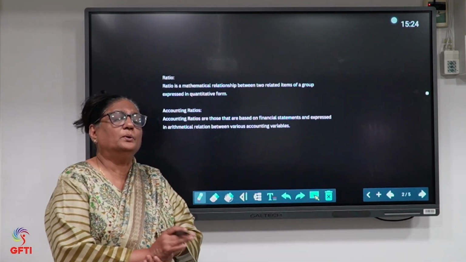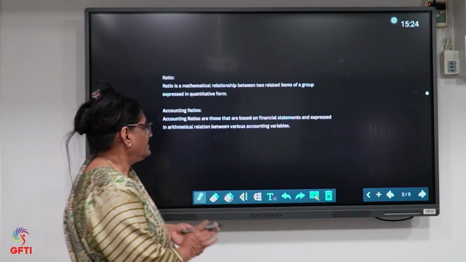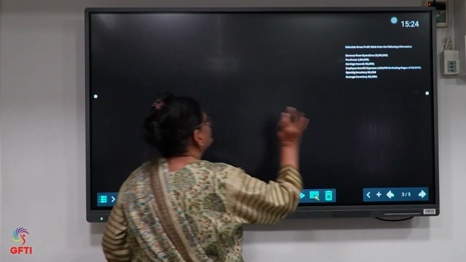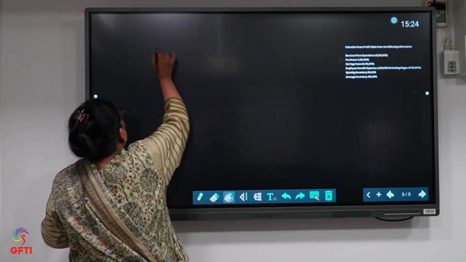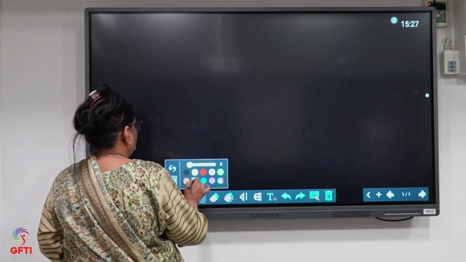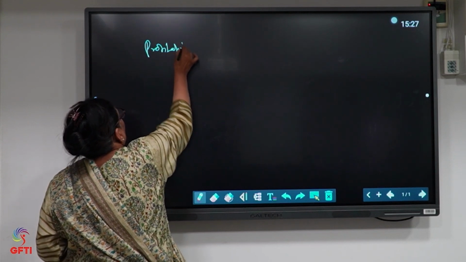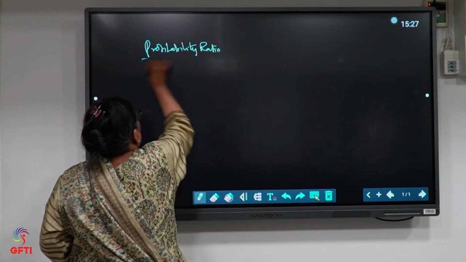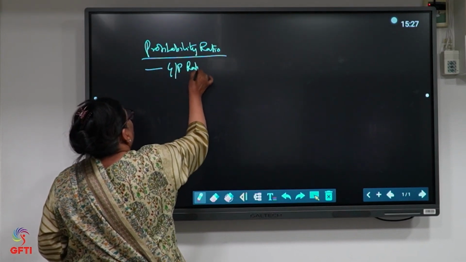Now we'll focus more on practical aspects, so that you will be perfect. Now we have seen the definition. Now we have profitability ratios. In these ratios, we have the gross profit ratio.